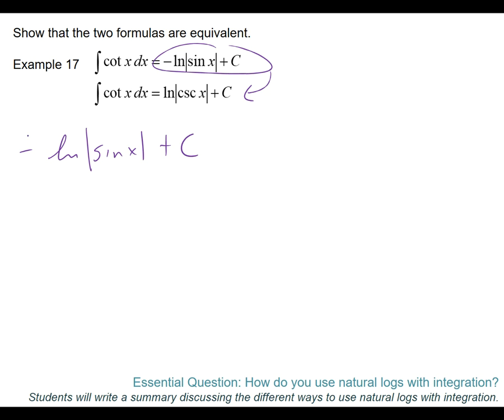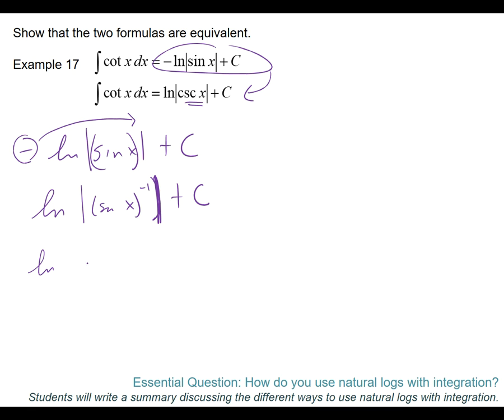What log properties allow us to take this negative exponent, right? Okay, so I really have the natural log, and it's going to look goofy. I'm not going to put it outside the absolute values. I'm actually going to carry that negative inside. So sine x to the negative 1, absolute value, plus c. Another name for sine, remember, look at where I need to go to get it into cosecant.